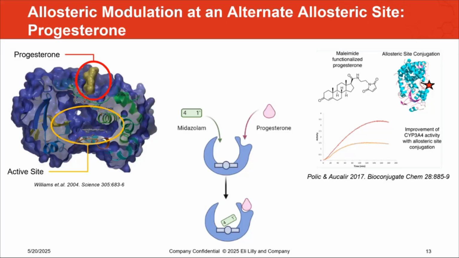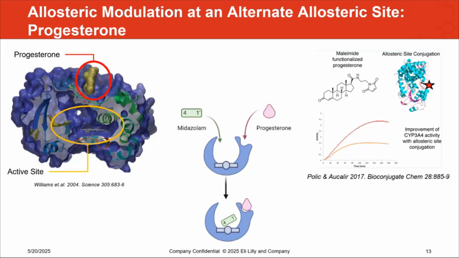In 2004, Williams published an X-ray crystallography structure of CYP3A4 demonstrating the active site. They also incubated the enzyme with progesterone, and found that progesterone bound to a phenylalanine cluster outside of the active site. In fact, that phenylalanine cluster plays a role in both the initial substrate binding and the overall conformation of CYP3A4.